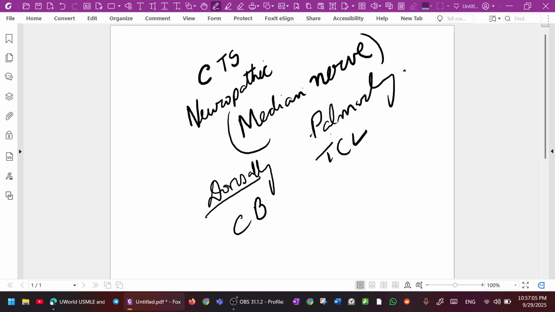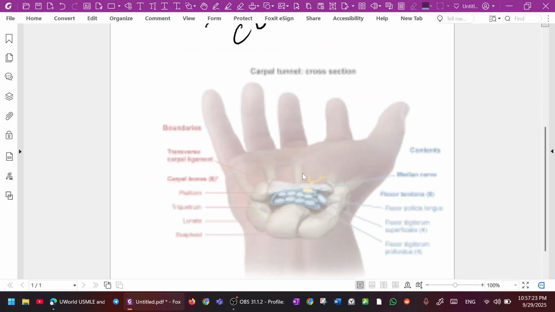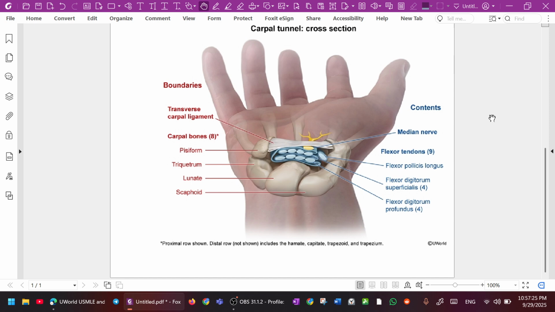If we look at the anatomy of the carpal tunnel, if we go through this picture and look at the boundaries: the floor of the carpal tunnel is formed by the 8 carpal bones.